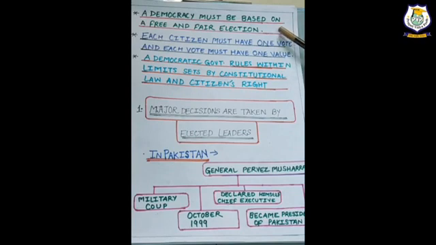It means no cheating or malpractices should be involved in the process of election, and whosoever representative is chosen by the people should be elected to rule over the country without any bias.